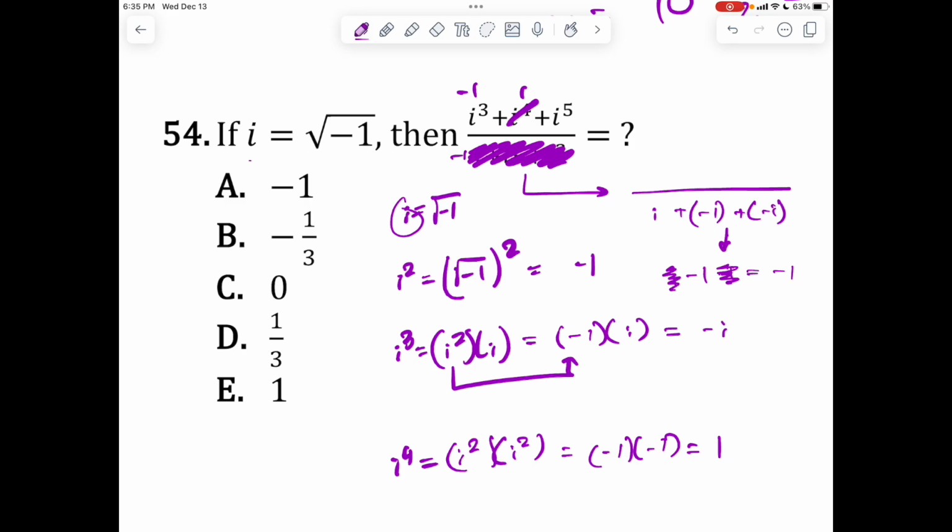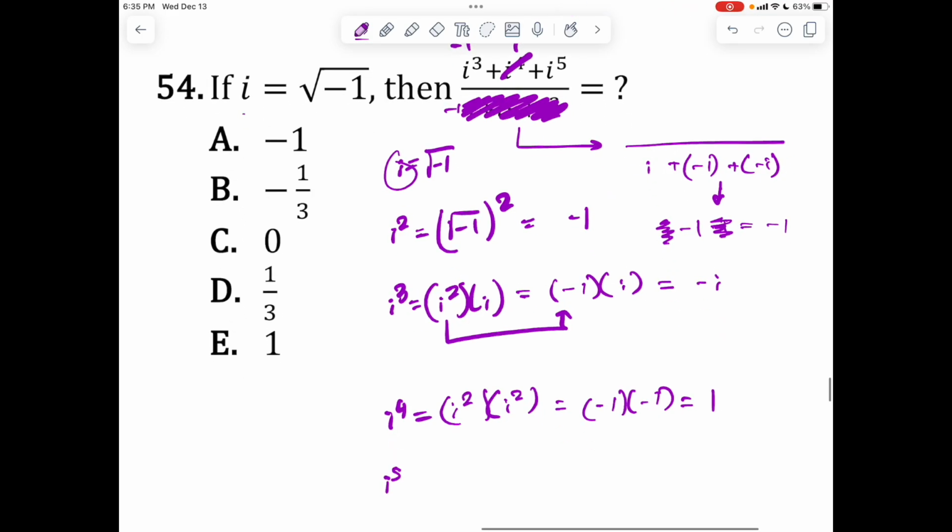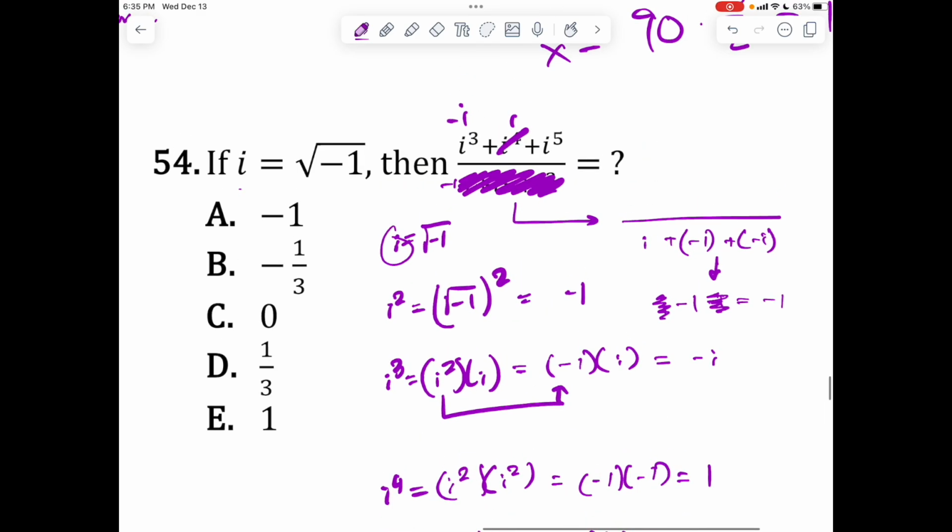It's -i. i to the fifth. Let's just call that i to the fourth times i, which is just going to be 1 times i. That's equal to i. So -i plus 1 plus i gives you 1. Again, this cancels out with that.